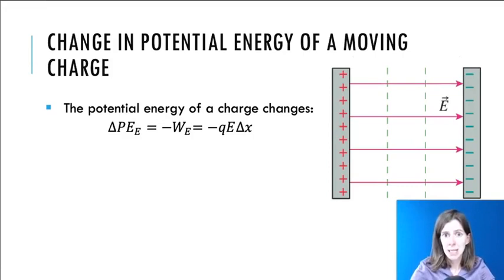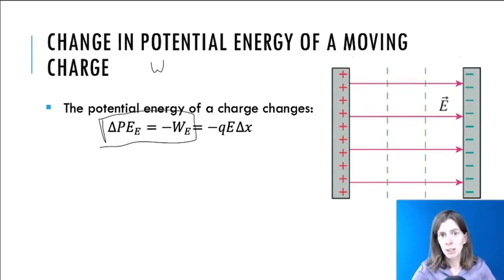When this happens, the potential energy of the charge is going to change. The first thing I have written here is that the change in potential energy is the negative work done by the electric field. This is something that we touched upon in Physics 1, that the work done by a conservative force equals the negative change in potential energy. For example, gravity was a conservative force, right?